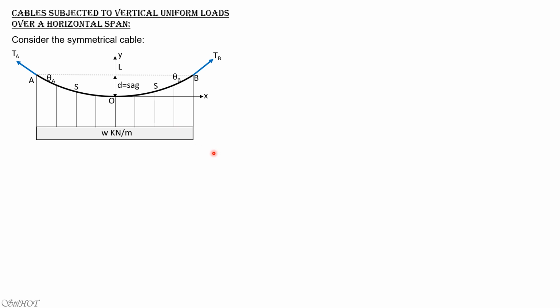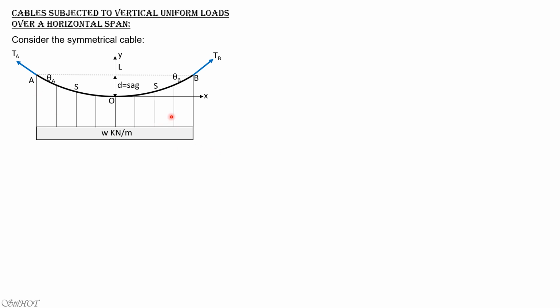Then cable subjected to, let's continue, vertical uniform loads over a horizontal span. So what if the beam is subjected to vertical uniform loads, then projected on a horizontal span, like this one.